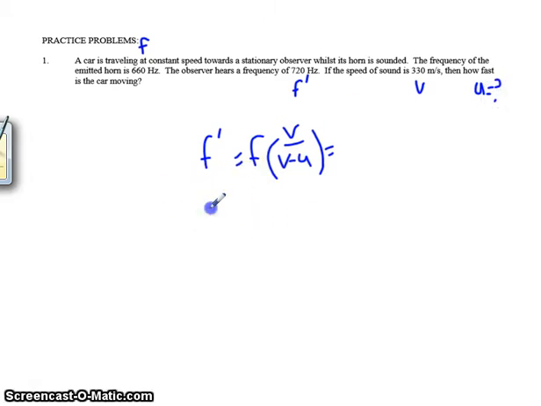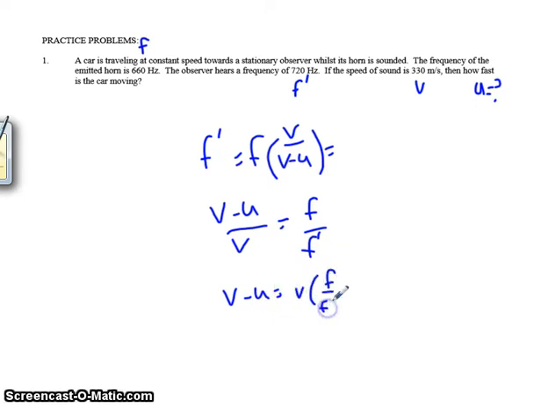Okay, we could say V minus U all over V equals F divided by F prime, if I've done the algebra right. So let's say then that V minus U equals V times F over F prime, and therefore U is going to be equal to V minus V F over F prime.